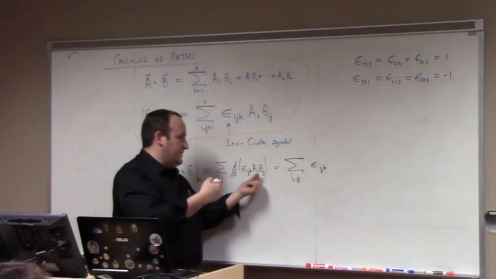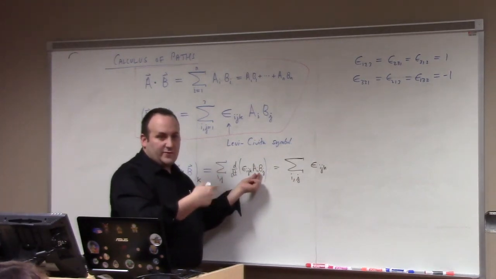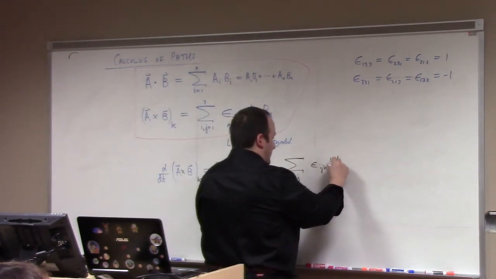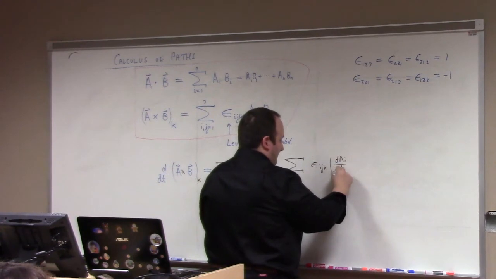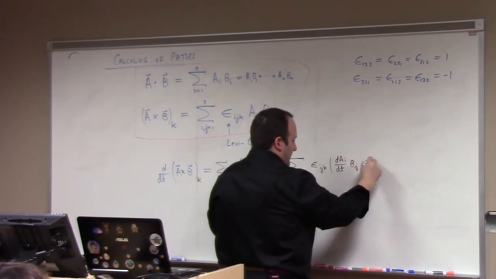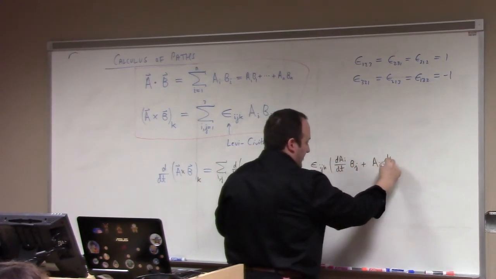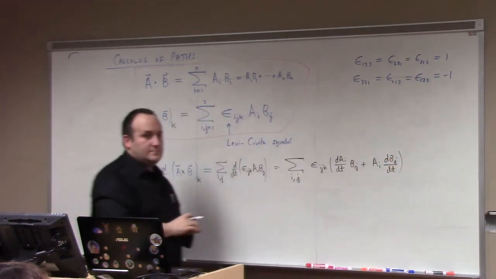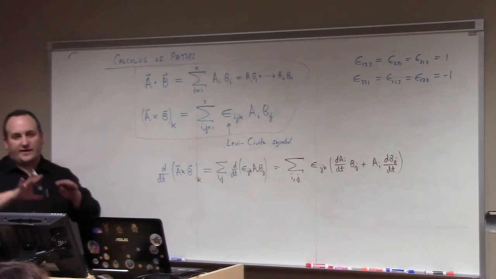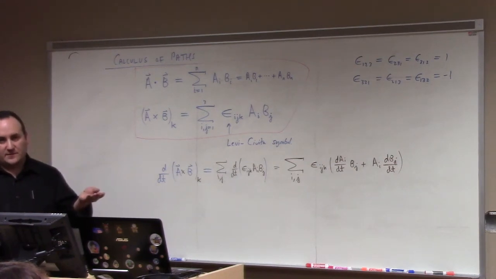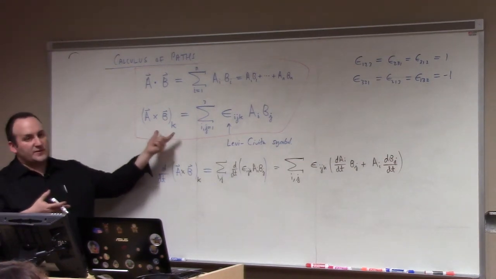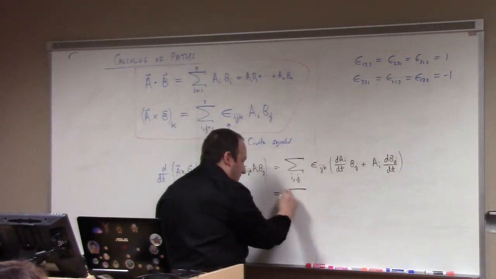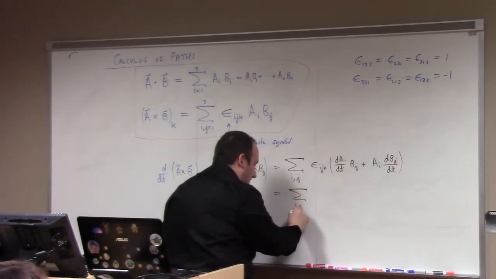So all you're really differentiating is the product a sub i and b sub j, which are in principle functions of time. And so what that gives you, of course, is dAi/dt times b sub j plus a sub i times dbj/dt. And then all I do is break it up into two sums, and again use this slick formula for the cross product to identify what I have. I'll write one more step out just so you see what I'm doing.